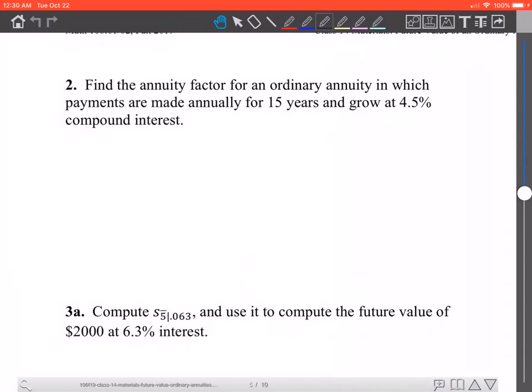So in this case, find the annuity factor for an ordinary annuity in which payments are made annually, 15 years, so n equals 15, 4.5%, i equals 0.045. So what would be S sub n is 15 of i, 0.045?